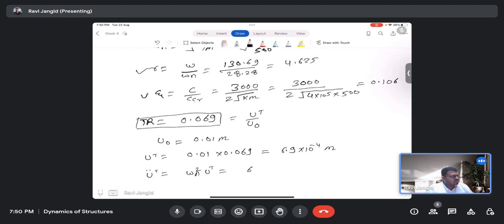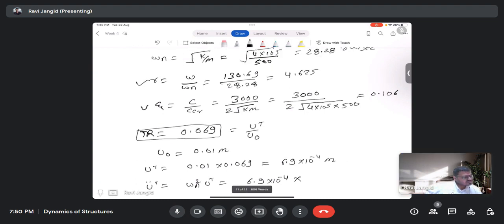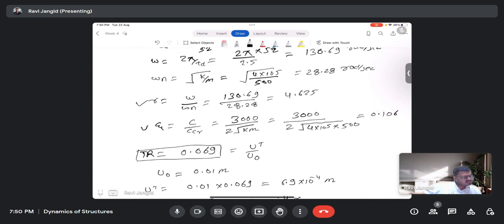So that would be 6.9 into 10 raised to power minus 4 into omega. What is my omega n? It is 28.28.